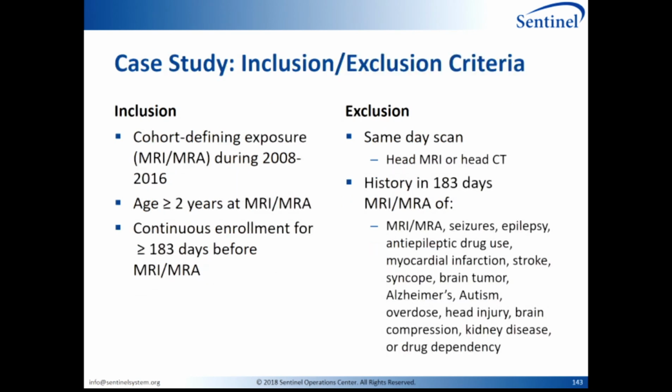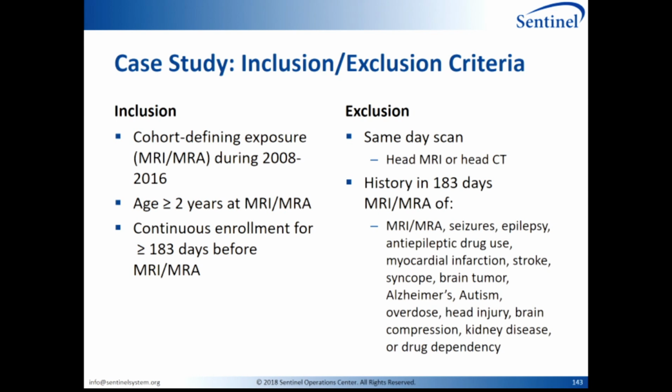And so in our case study, the inclusion criteria involved including anyone who had a cohort defining MRI or MRA during the study period, who was 2 years or older at the time of the scan, and had continuous insurance enrollment for the 183 days or 6 months before their scan.